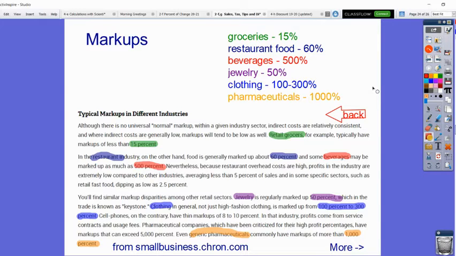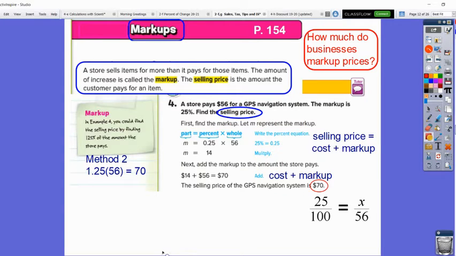Beverages like sodas can be marked up 500%, 5 times what the store pays. Pharmaceuticals could be marked up 1,000%. That's a bit of contention for some people. Anyway, different businesses decide how much to mark up their prices to figure out how the store makes its money.